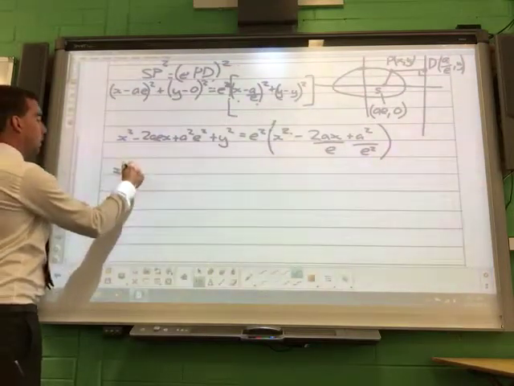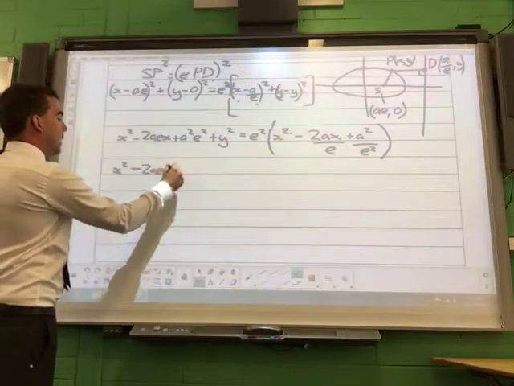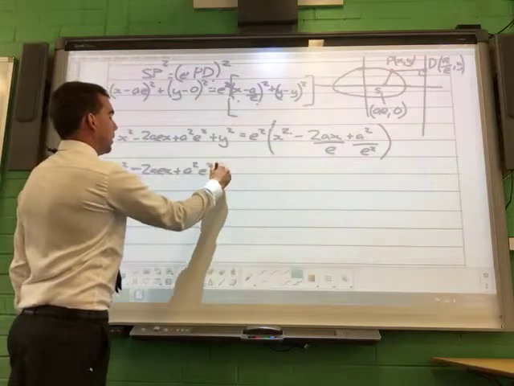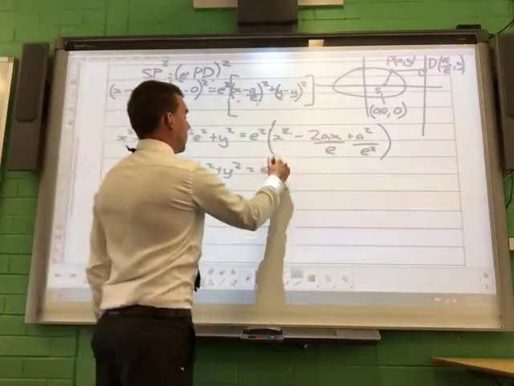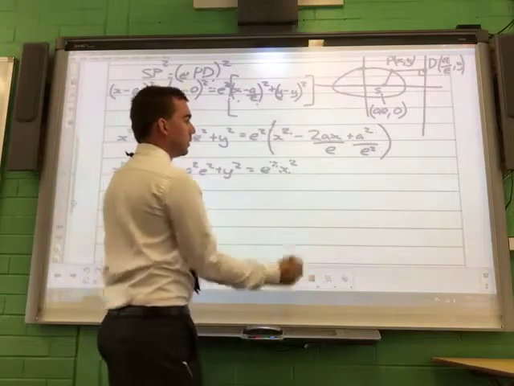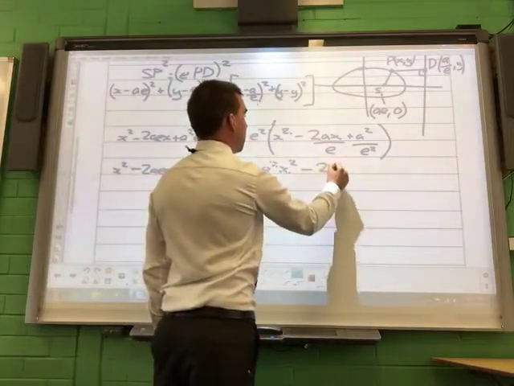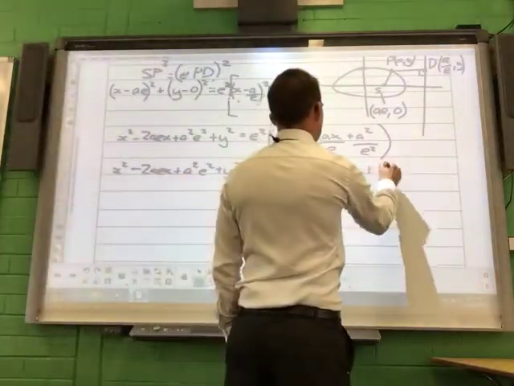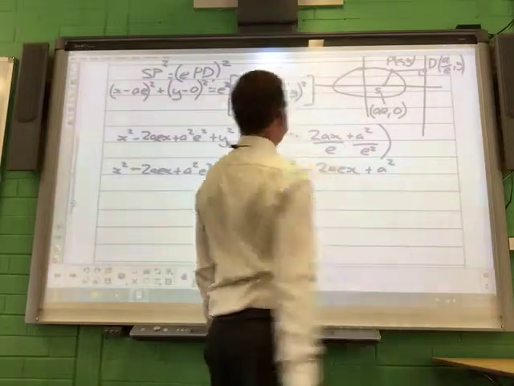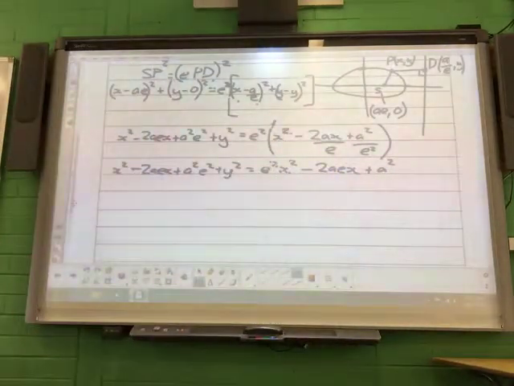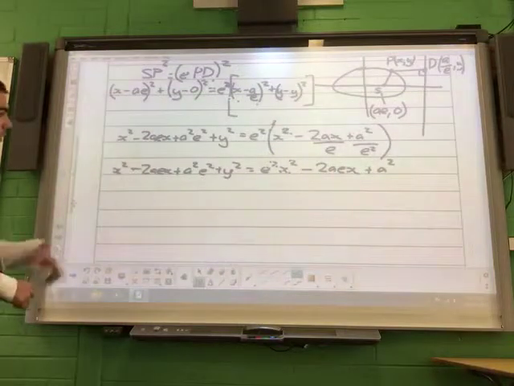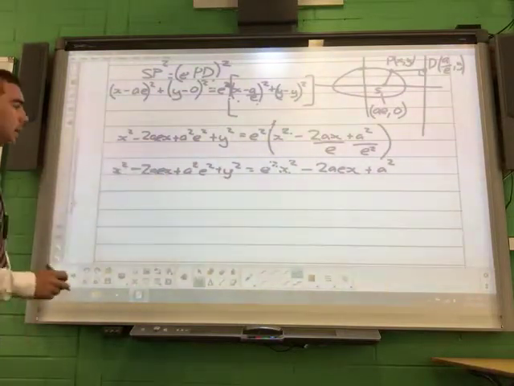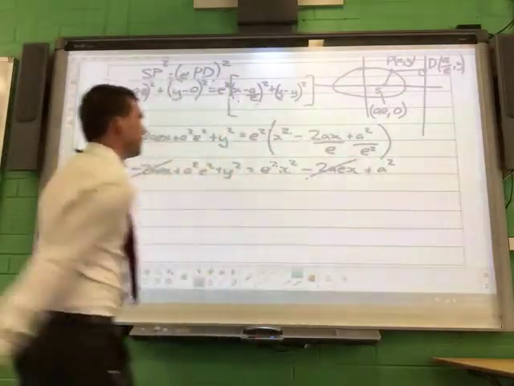So x squared take away 2aex plus a squared e squared plus y squared equals e squared x squared minus 2aex plus a squared. Now we've got negative 2aex, negative 2aex. So great, that helps.